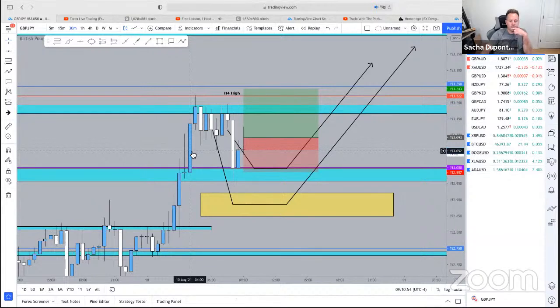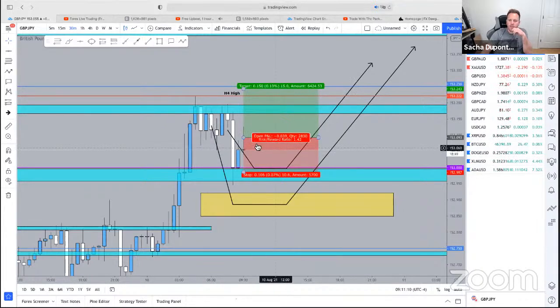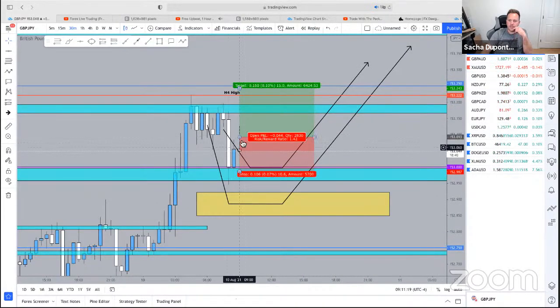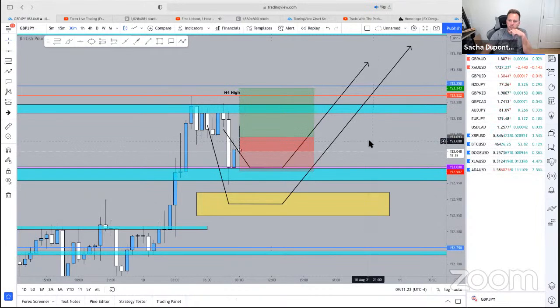Right now, I closed 50% at minus 4 pips. If I had taken this entry on the opening of the candle, I probably would have waited for the 30-minute to close. But since I took it on an impulse entry, I'm expecting price to continue up. So that's why I'm a little bit less patient with this. So now it's going to minus 6.